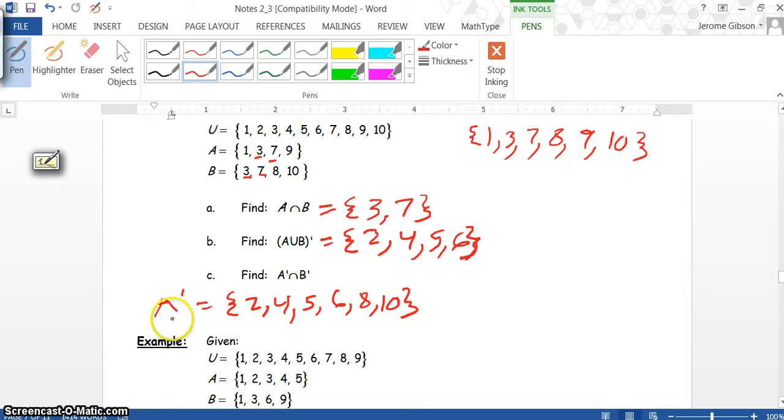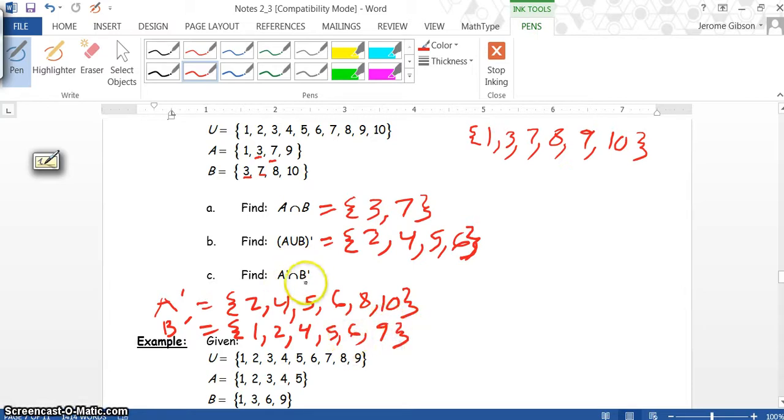That would be our A complement. Now we would do our B complement. B is 3, 7, 8, 10, so B complement would be 1, 2, 4, 5, 6, and finally 9.